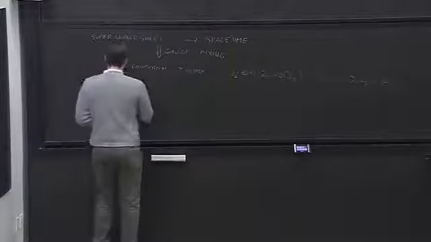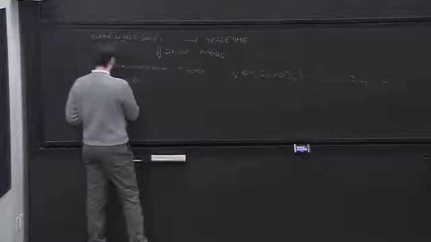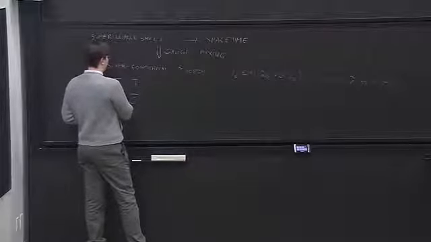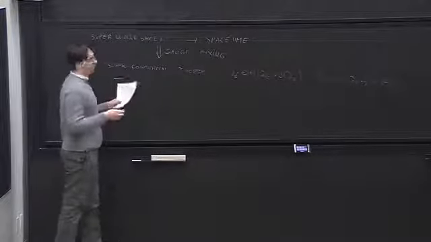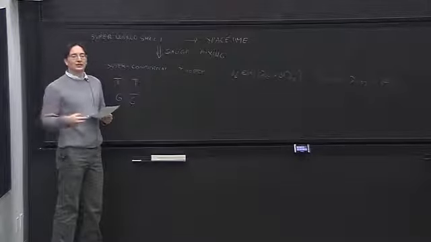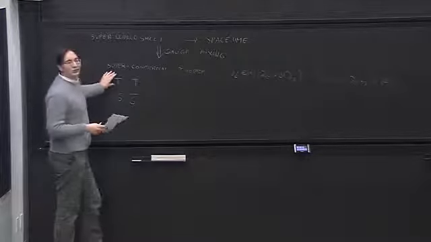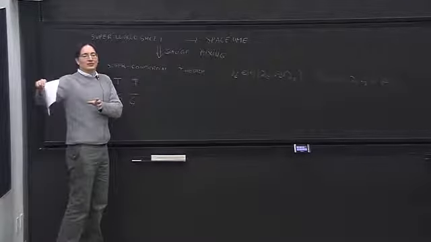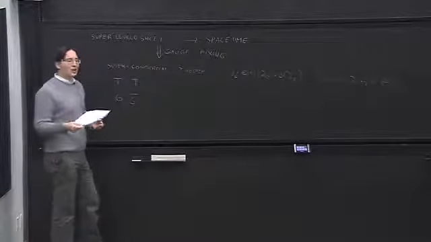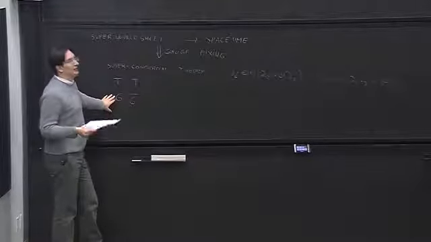Roughly speaking, T transforms up to a central charge like something with two z indices, like a square of the Jacobian, plus some correction proportional to the central charge. And this guy has a power of 3/2 of the Jacobian.